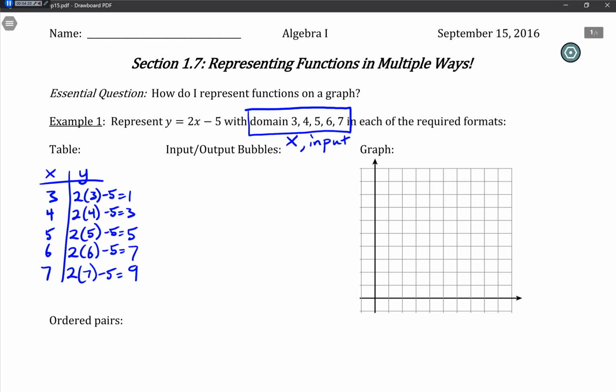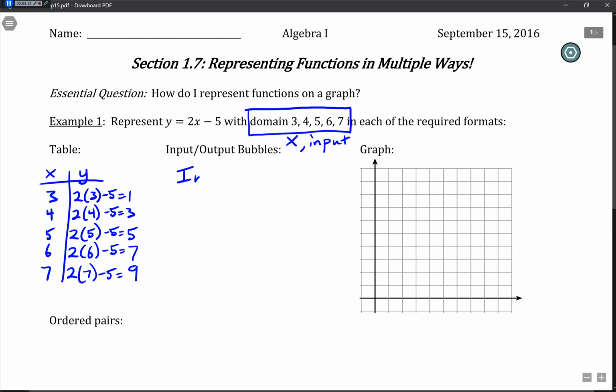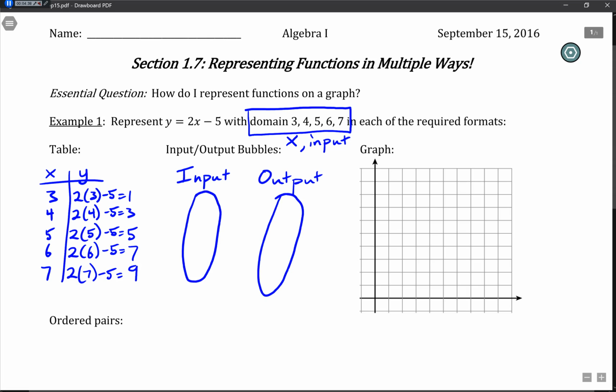Now we also talked about some input-output variables last time. Remember, that was where you saw this sort of situation where you had an input bubble and an output bubble. In the input bubble, there were different things that I was putting in. So this is obviously the 3, 4, 5, 6, and 7. And then in the output bubble, there were things that I'm getting out.